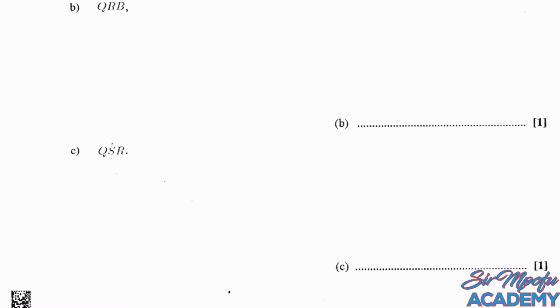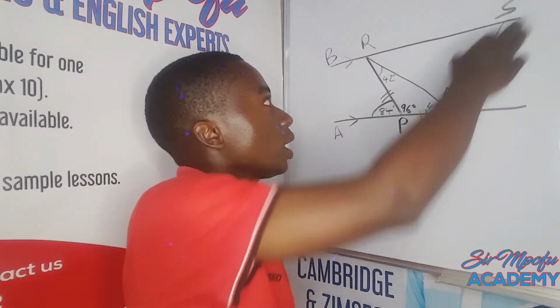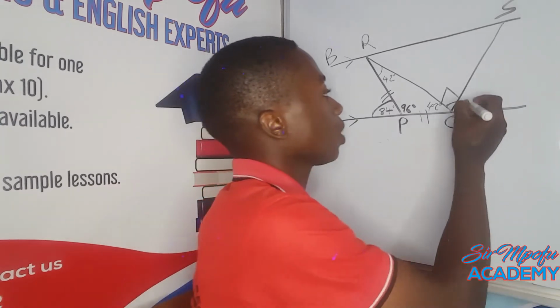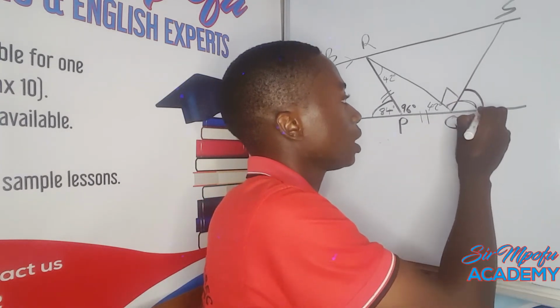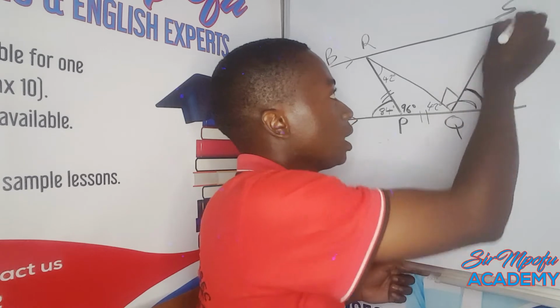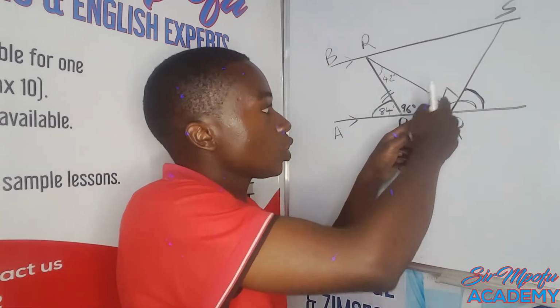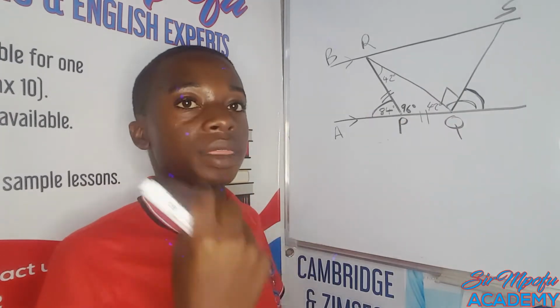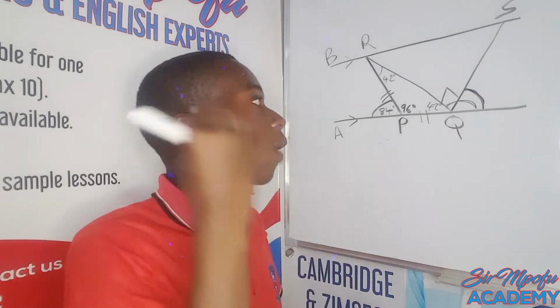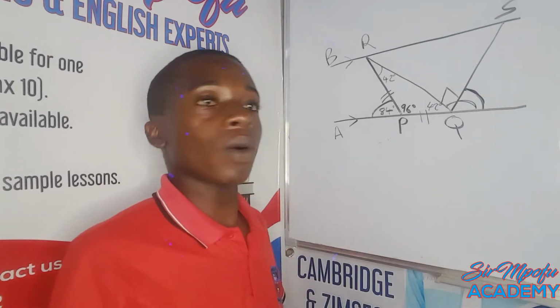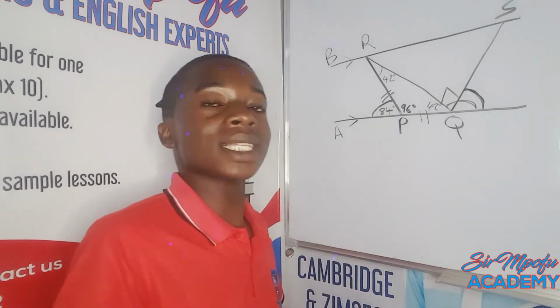QRB is 138. What about the next one? QSR. QSR is identical to this angle because they are Z angles. You understand? So how do we get it? If we say 42 plus 90, the answer that we are going to get, we now say 180 minus that answer.